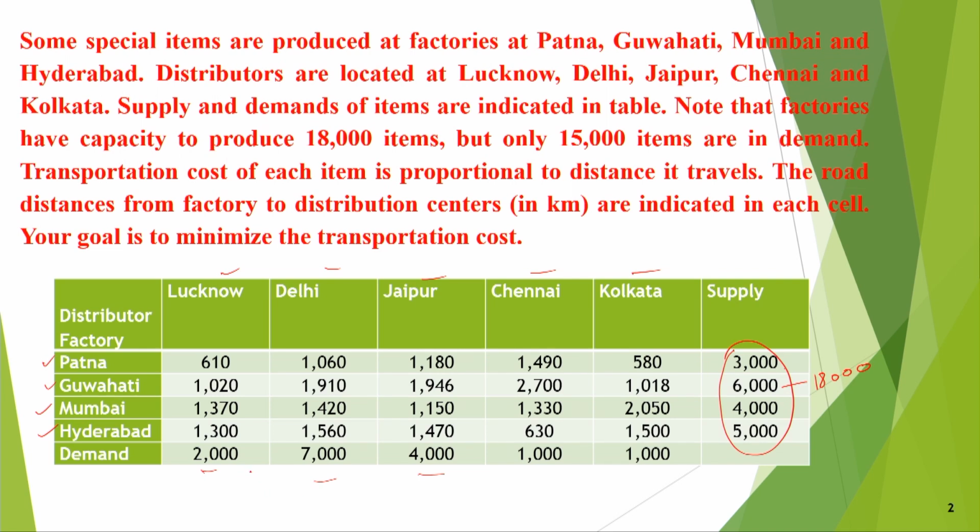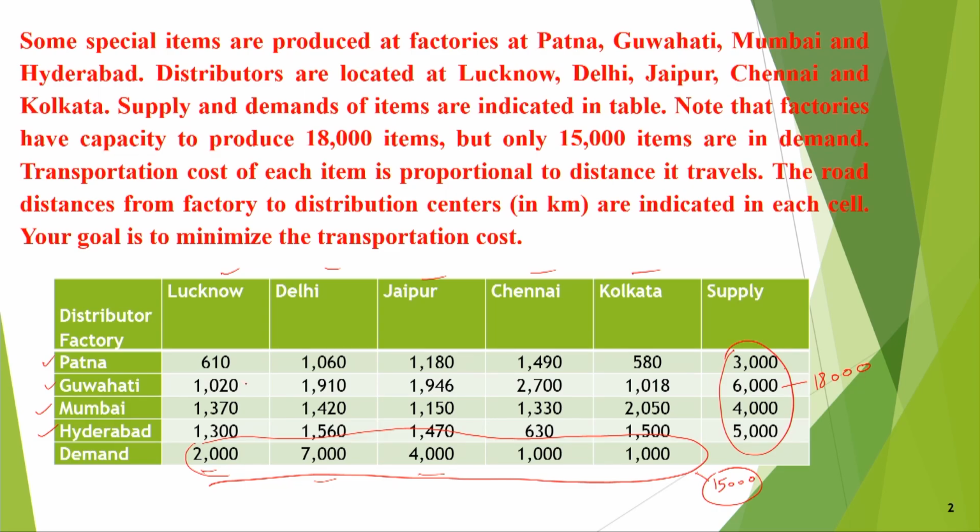However, demand is not 18,000; adding up 2,000, 7,000, 9,000, 13,000, 14,000, the demand is 15,000. So supply is different from demand. It is unbalanced, and you have to balance it.